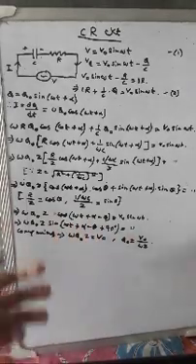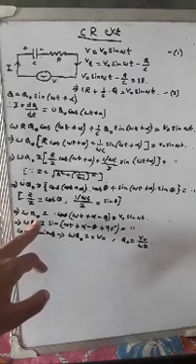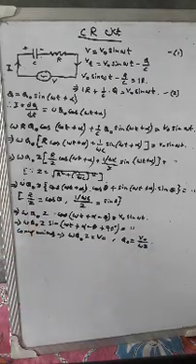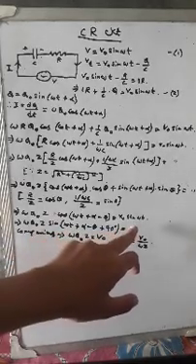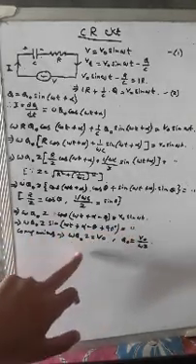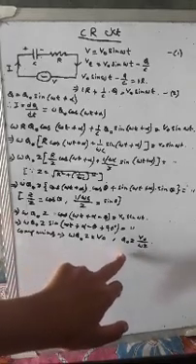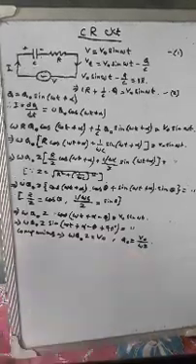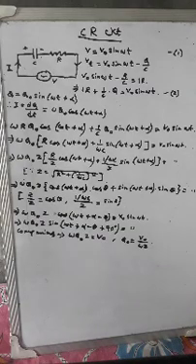Compare the constant terms. On the LHS part I had omega q naught Z, and on the RHS part I had the constant term V naught. So I've equated the two constant terms, and I'm getting q naught as V naught by omega Z. So let's see how I can write it in another way.